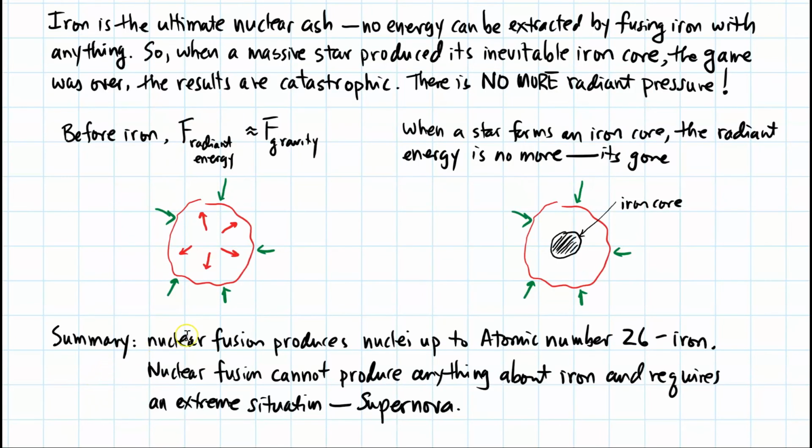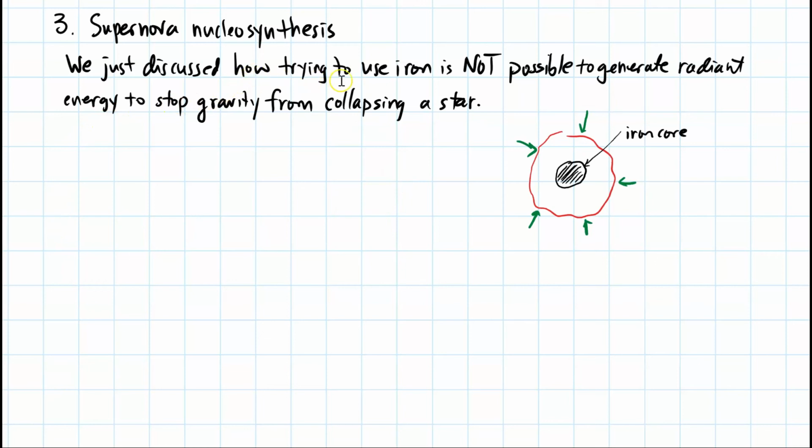In summary, nuclear fusion produces nuclei up to atomic number 26, which is iron. Nuclear fusion cannot produce anything above iron and requires an extreme situation, which is now a supernova. We just discussed how trying to use iron is not possible to generate radiant energy to stop gravity from collapsing a star.